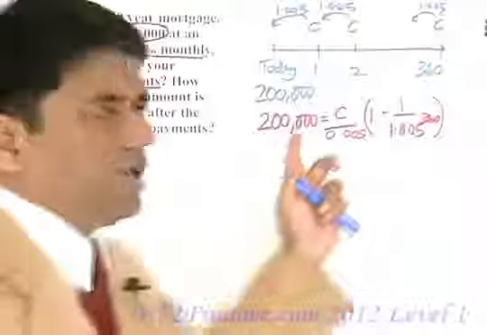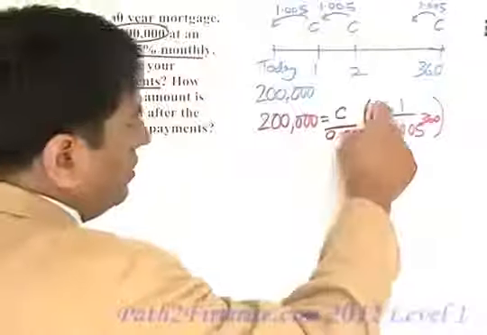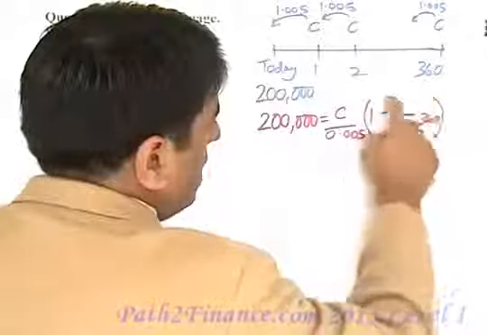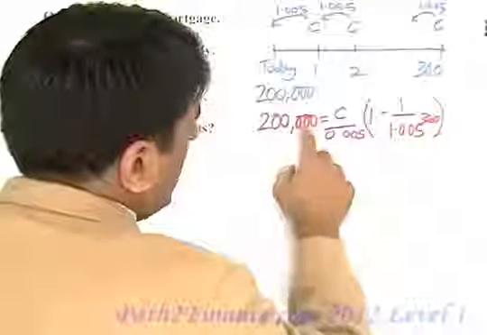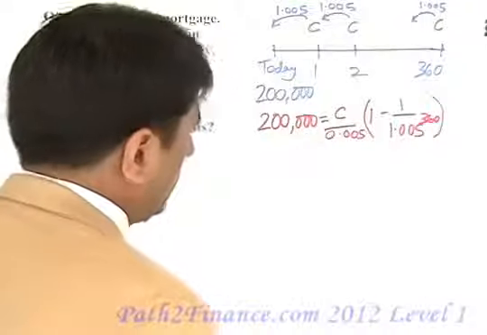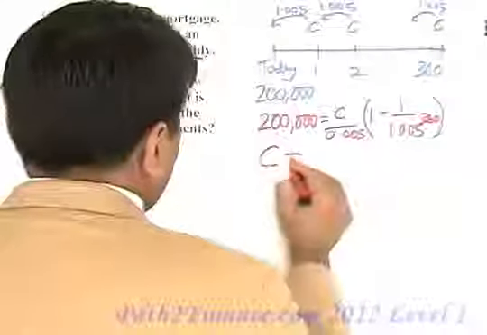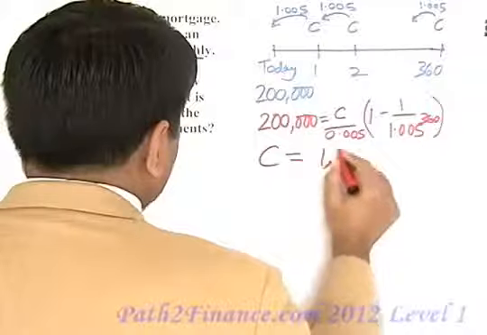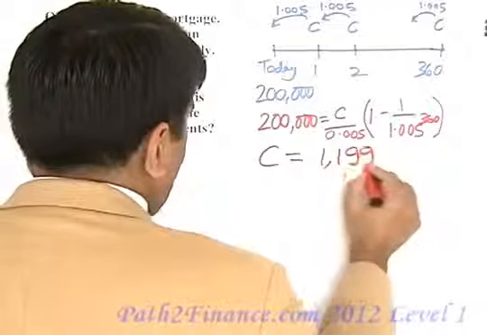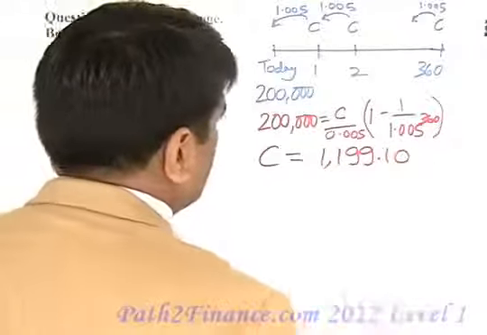So you solve this, you can solve this amount and then take it on this side and multiply it by 200,000, and what you get is C equal to 1,199 and 10 cents.